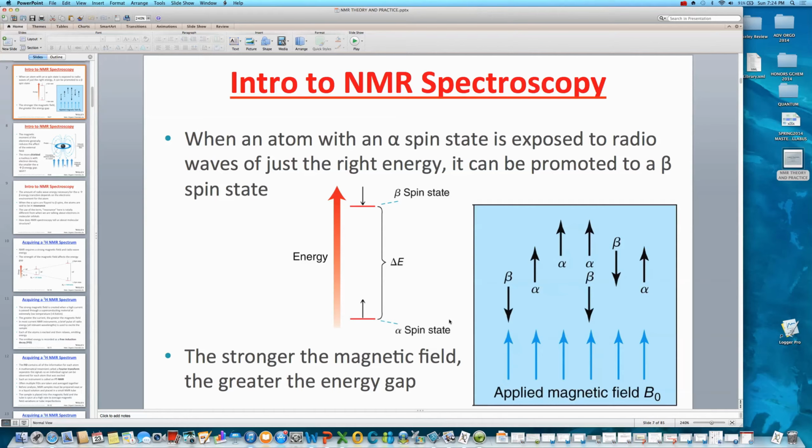Others are closer to more electronegative atoms, and those are de-shielded.